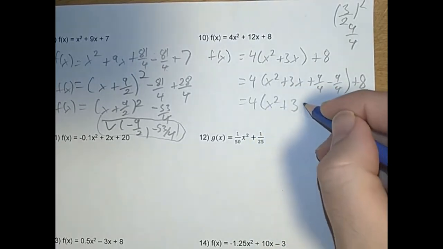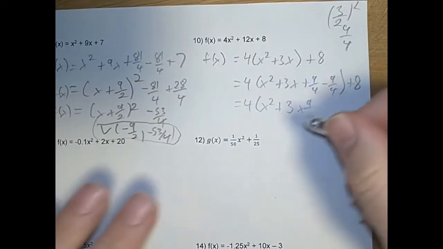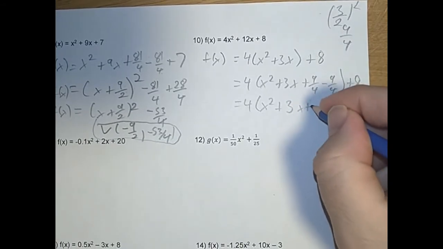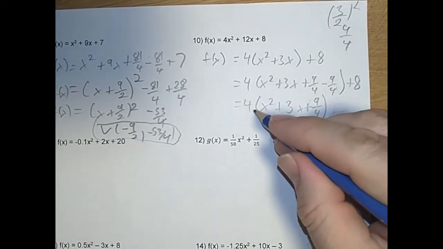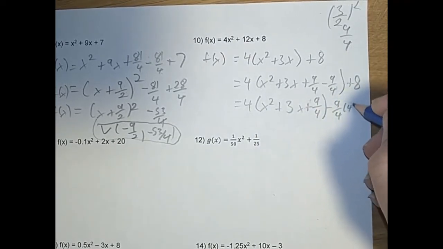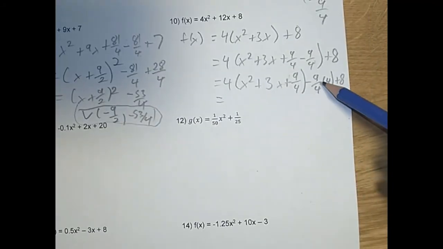So here I'm going, whoops, I'm going faster than the speed of light here. I'm going too fast. Plus 9 over 4. When you take that negative out, you got to multiply by the 4: minus 9 over 4 times 4, plus 8. Okay, now I know that these two 4's cancel, so this ends up being minus 9 plus 8, so it's minus 1.